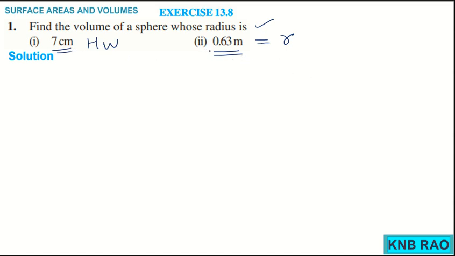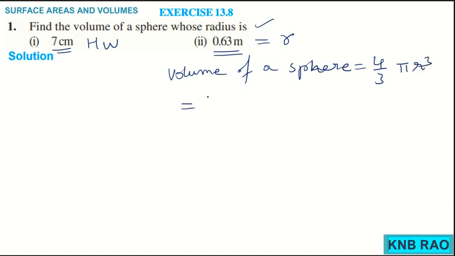So coming to the solution here, you know the volume of a sphere formula. Volume of a sphere is 4 by 3 pi r cube. In this, 4 by 3 into 22 by 7 into 0.63 meter. I will straight away take 0.63 into 0.63 into 0.63.